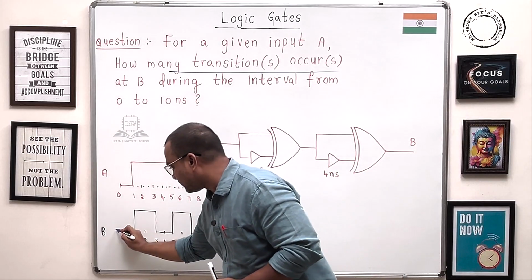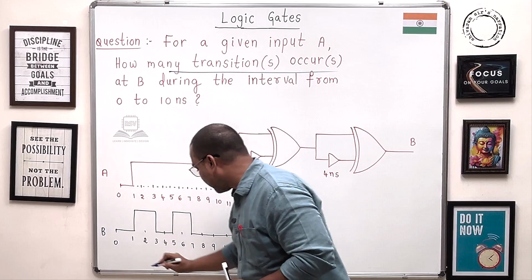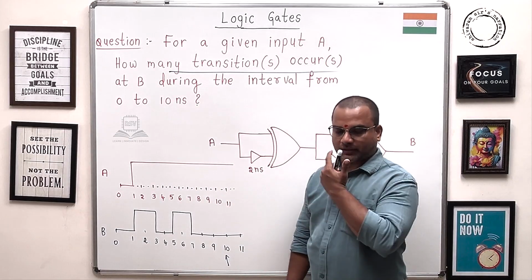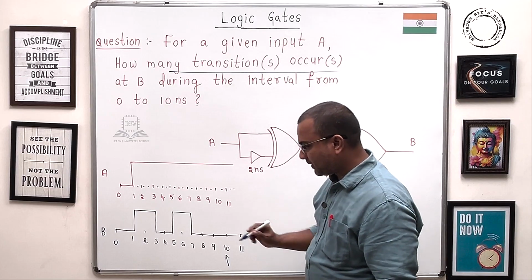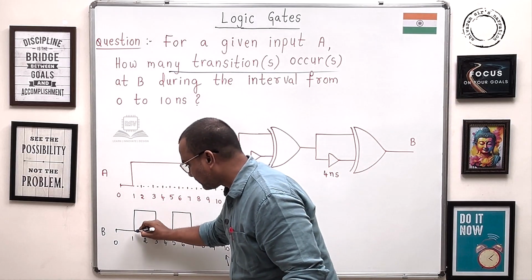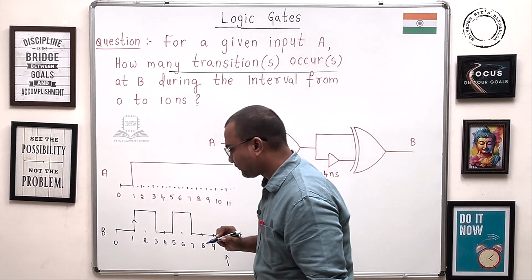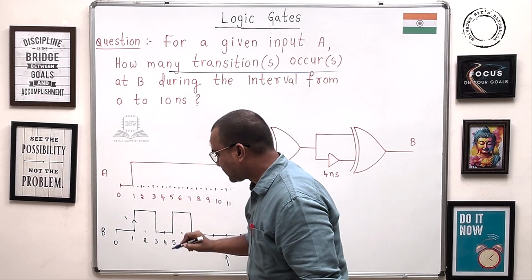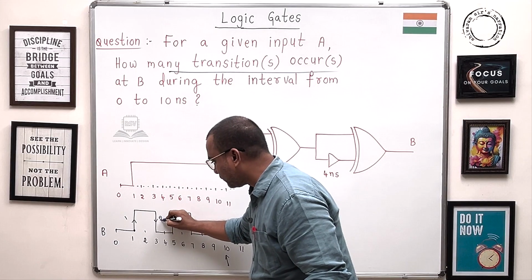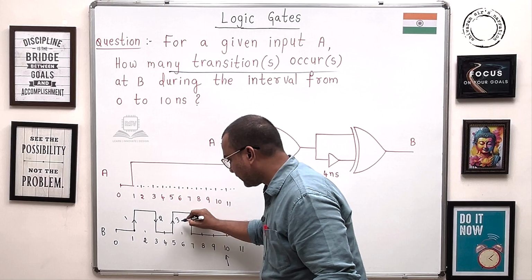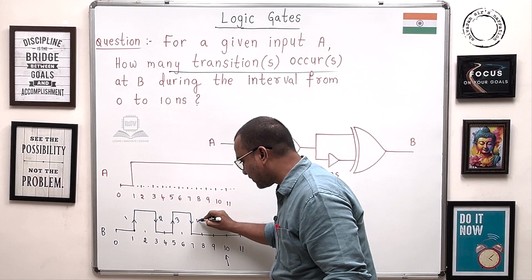See, from here, 0, to 10 nanoseconds, till here. How many transitions occur? You see the output waveform. Here there is one transition, from 0 to 1, transition number 1. Similarly, this is transition number 2, from 1 to 0. Similarly, transition number 3. Here from 1 to 0, transition number 4.